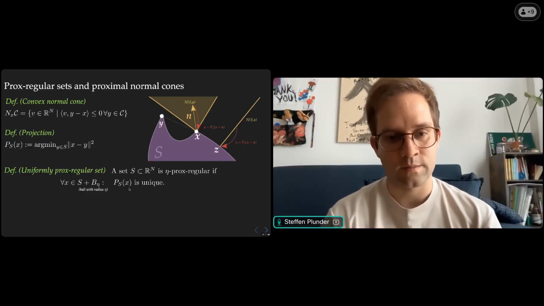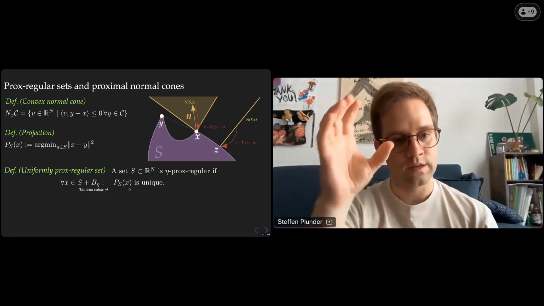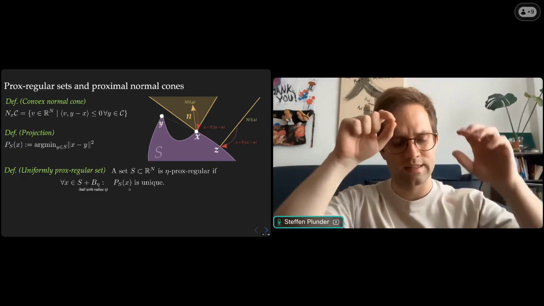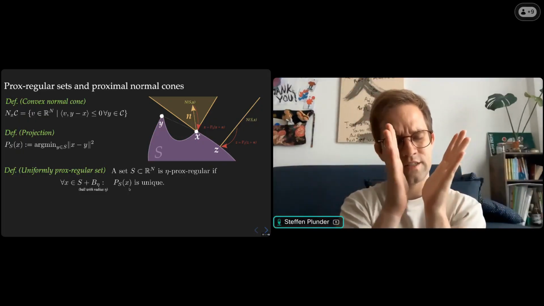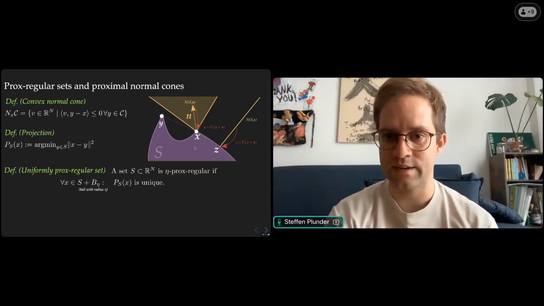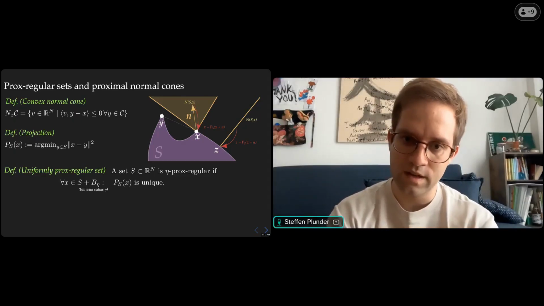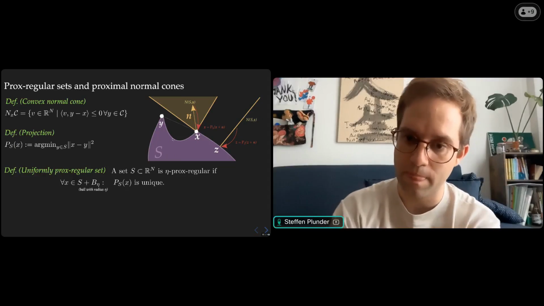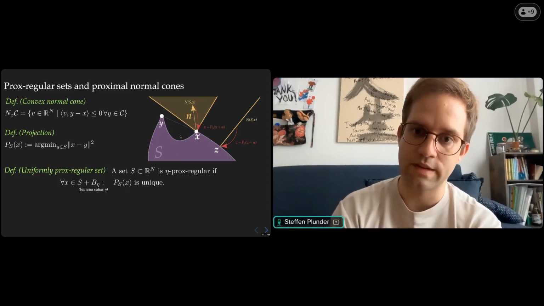One intuition is that your set cannot have very sharp inside angles. The set I've drawn here is totally fine. All non-convex curvatures have to be bounded by eta, essentially by a sphere of radius eta.